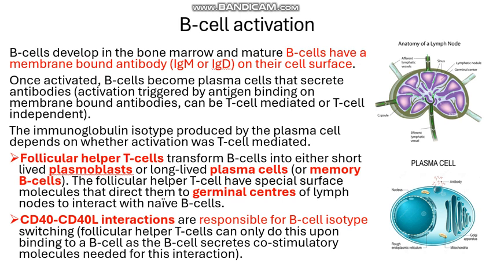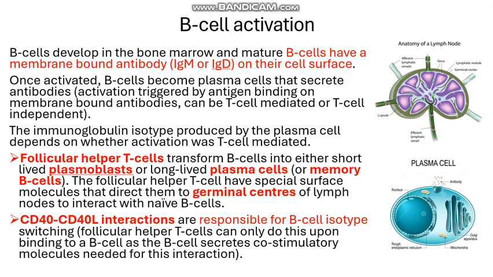So while they're still inactivated, these B cells will have either the antibody IgM or IgD on their cell surface. In order to produce different immunoglobulin isotypes, they'll need to go through a process called CD4-CD40L interactions that we're going to talk about in a minute.